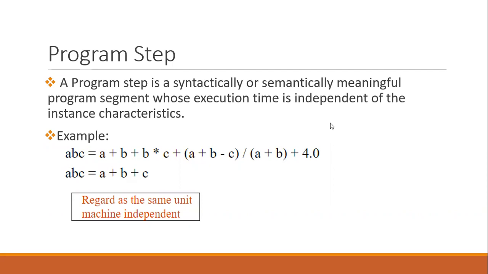The only requirement is that the time required to execute each step is counted as one step, independent of the instance characteristics. So let us see an example of a function and the program steps required for the function, which in turn can estimate the time required to execute the function.